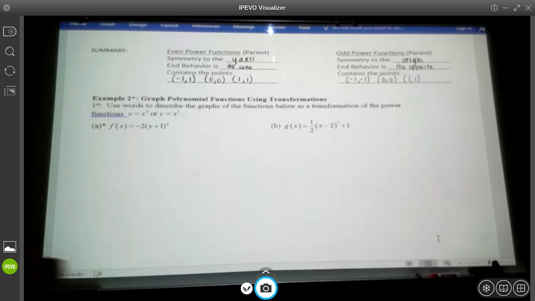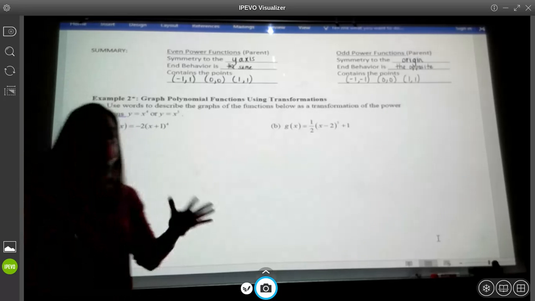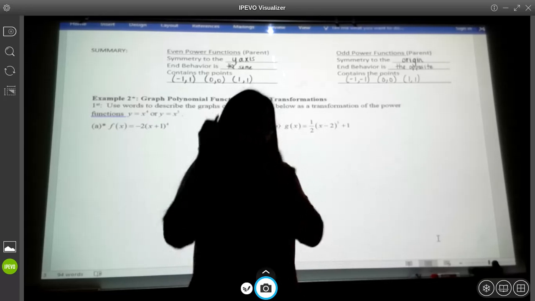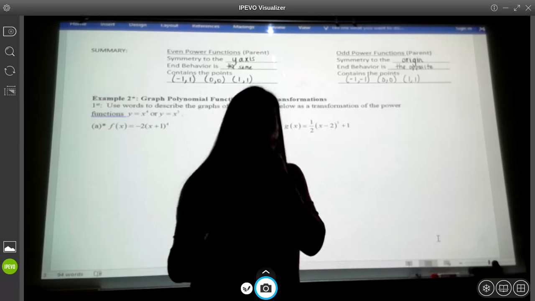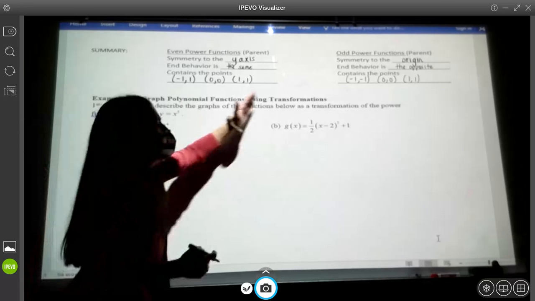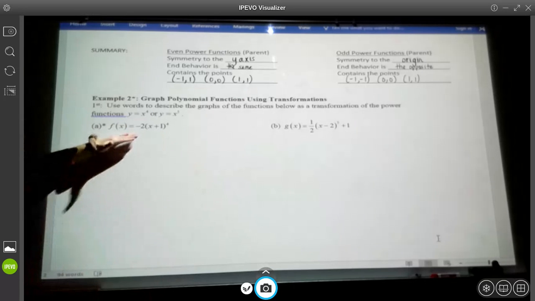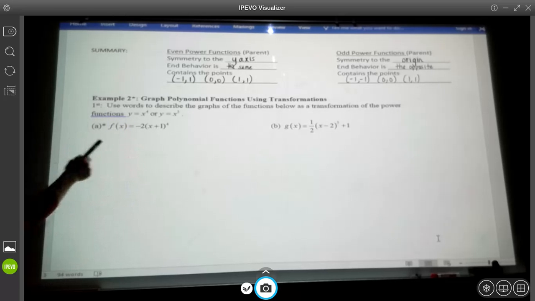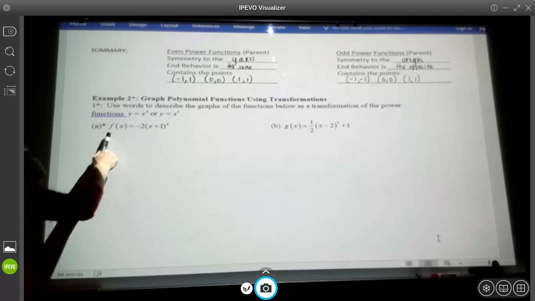Okay, I'm gonna try and sneak this in. Our book is huge on graphing functions using transformations. I don't really love transformations, but they want you to be able to recognize them. So they want you to be able to graph these parent power functions once they've been transformed using actual transformations. So guys, look here, we had to graph this one. Who was his parent?